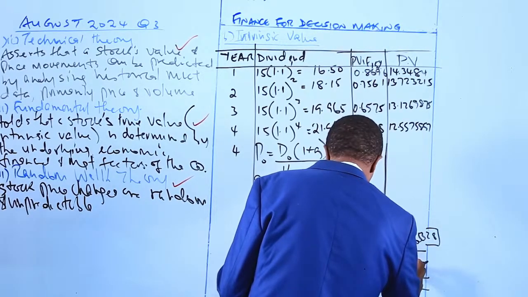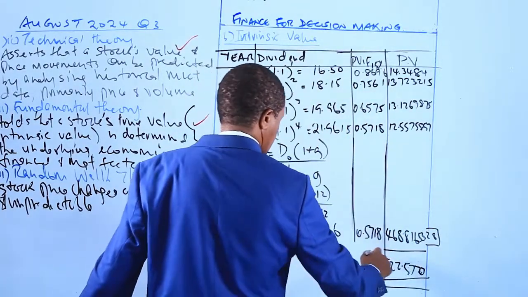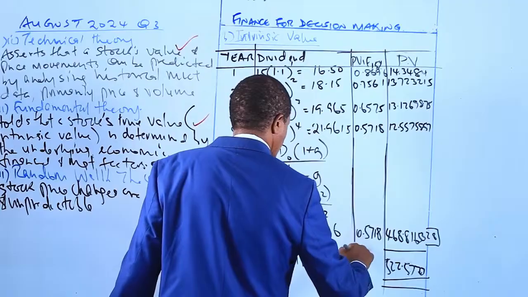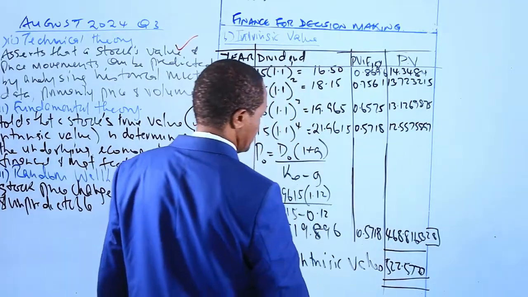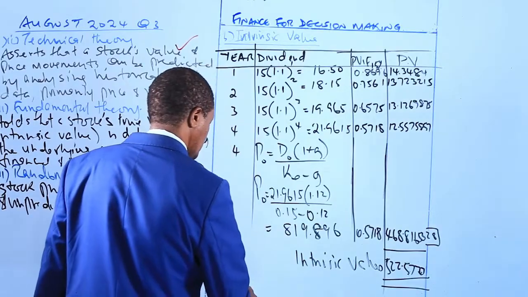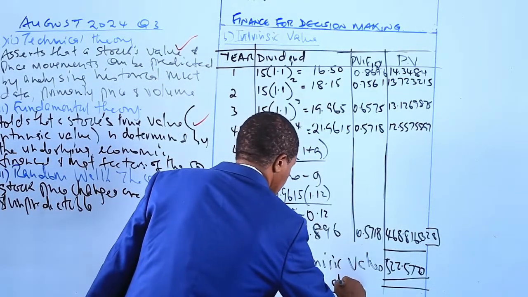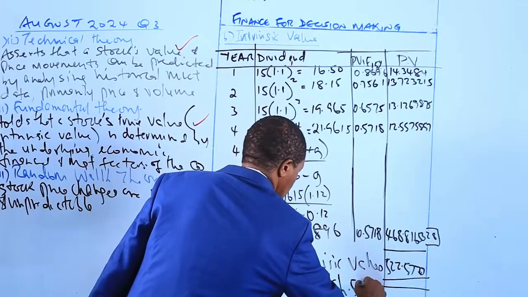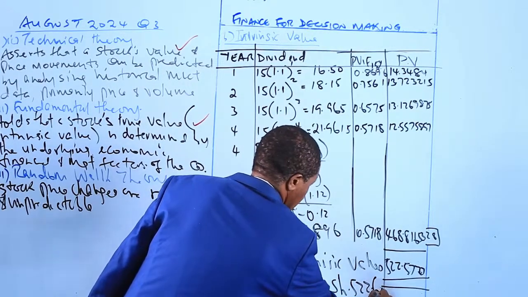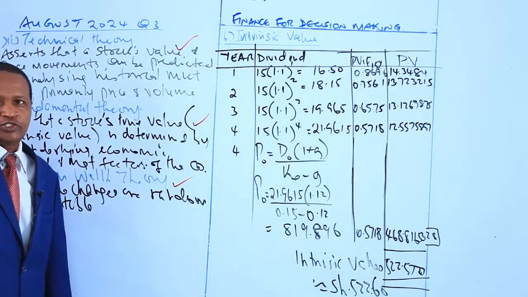There are many decimals, 5727. So this is the intrinsic value. That is how to determine the intrinsic value of a share. So the intrinsic value is equal to shillings 522 and 60 cents. That is the intrinsic value.